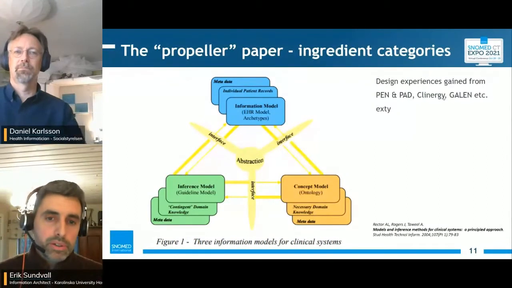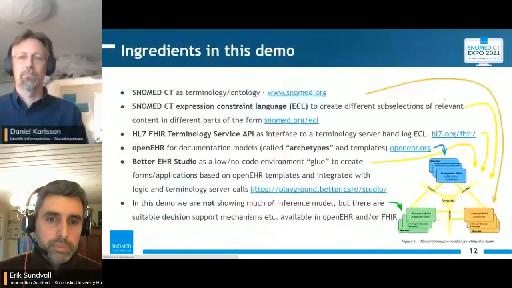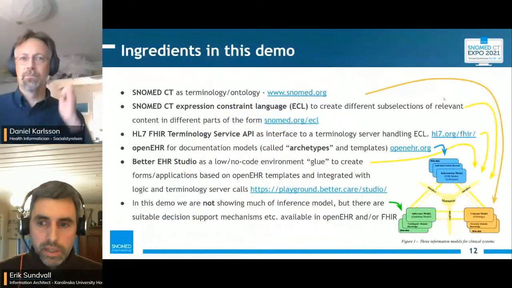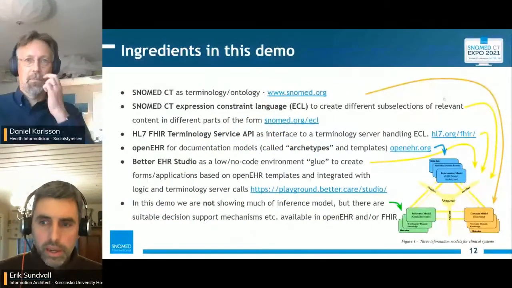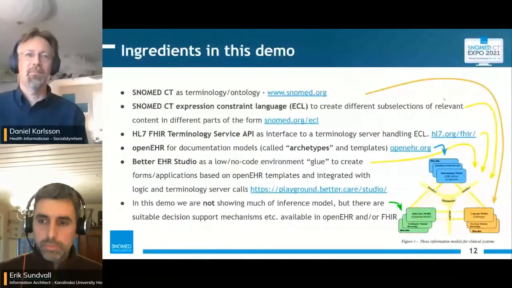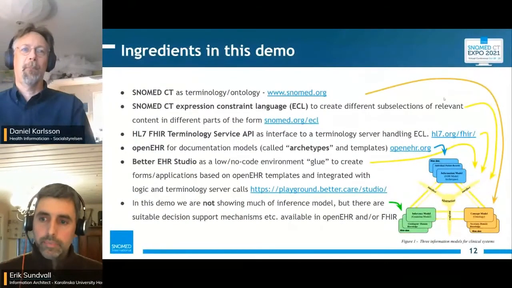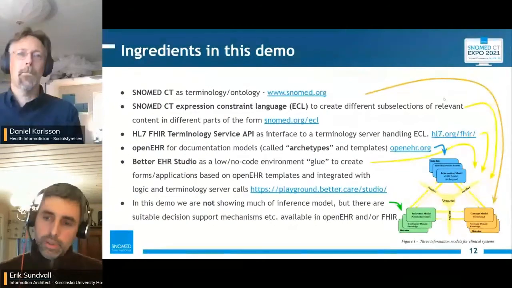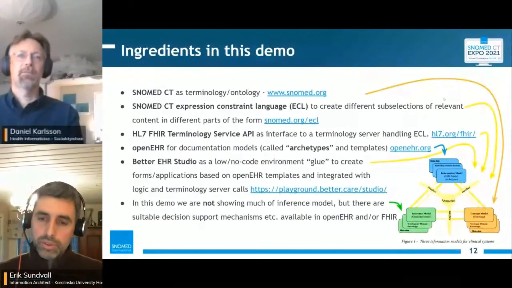So if we go to the next slide, we can see which parts we are rebuilding this with now. Here we are using SNOMED CT as the ontology instead of Galen that they used. And also the SNOMED CT expression constraint language is used as a glue in between the blue and the orange part there. That can describe what you want to select from SNOMED CT, but you also need something to call it.